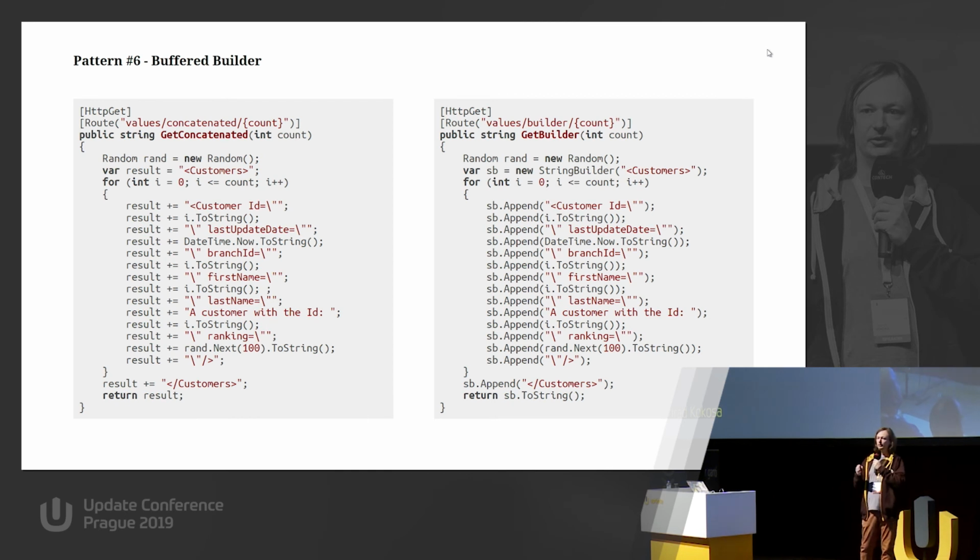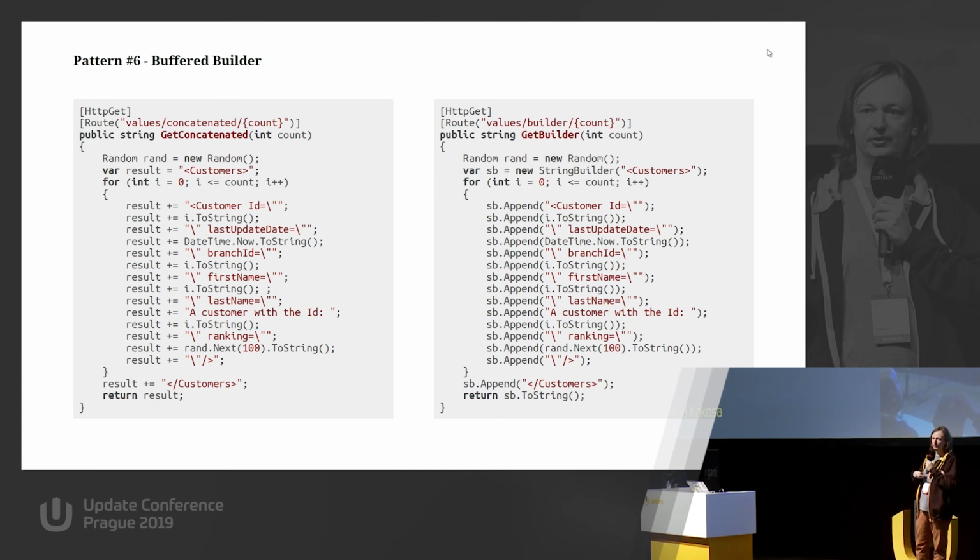So having these two web API methods, they produce some XML code in a very ugly way. In two ways, in fact. The left solution is based on string concatenation. As strings are immutable, we see here creation of a lot of temporary strings, because every line is just creating a new temporary string that is immediately replaced by a new string in the next line.